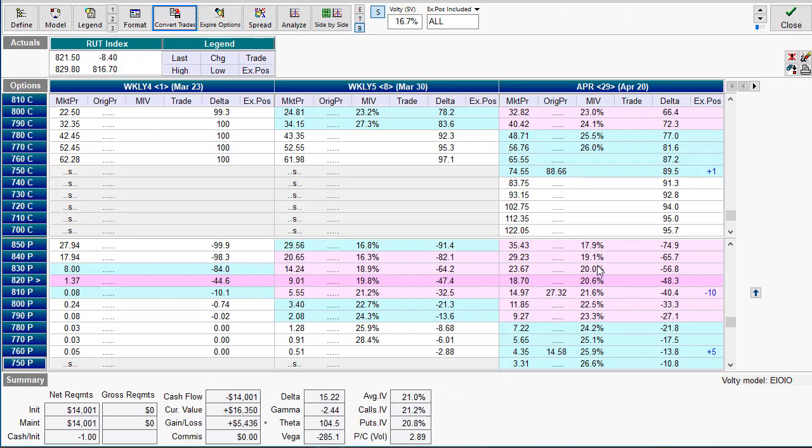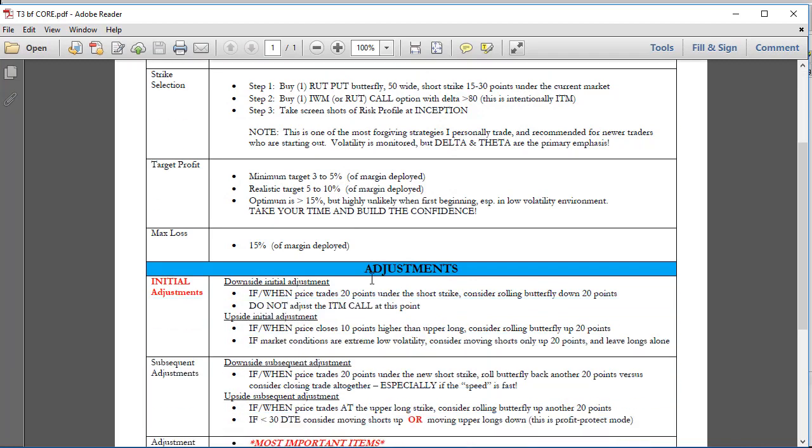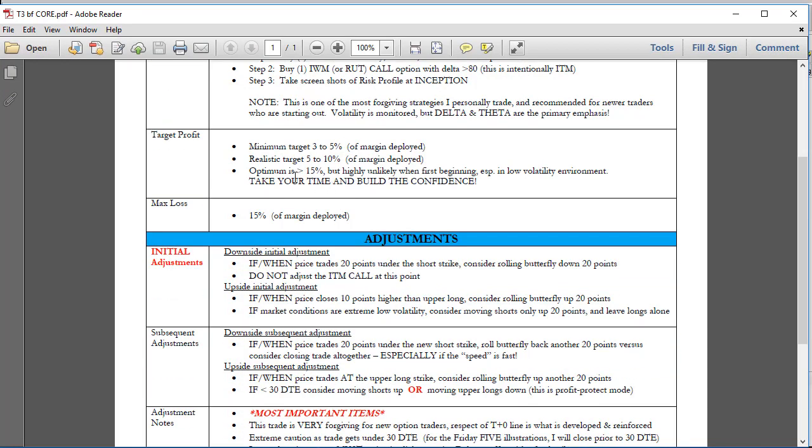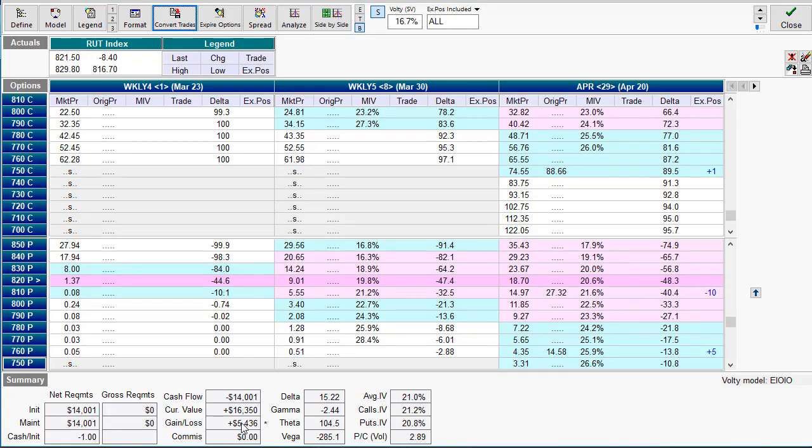And you can say this trade is going to be a gigantic winner. As I said, optimum is greater than 15%, but highly unlikely when first beginning. Realistic is between 5 to 10%. In this example, you're already well above that. You're removing risk with each subsequent adjustment, and you're putting yourself in a very profitable scenario.